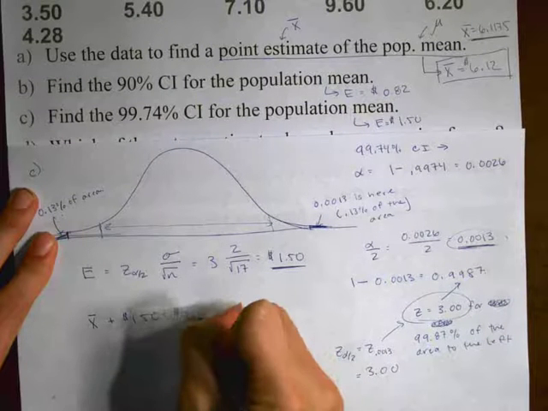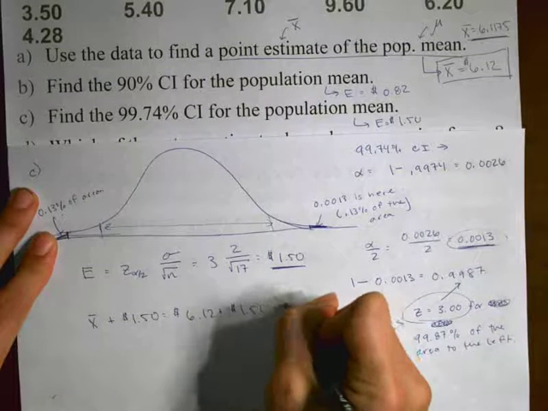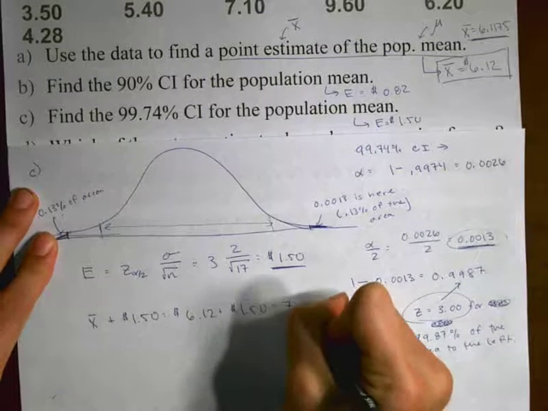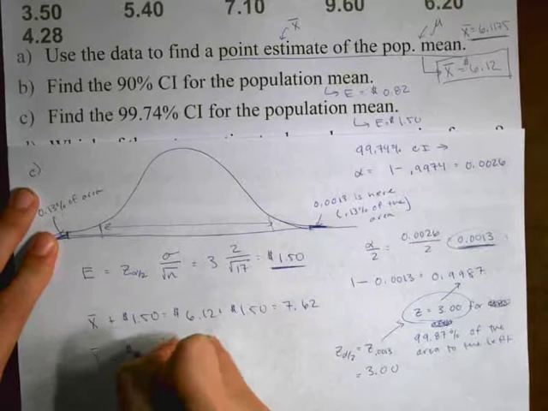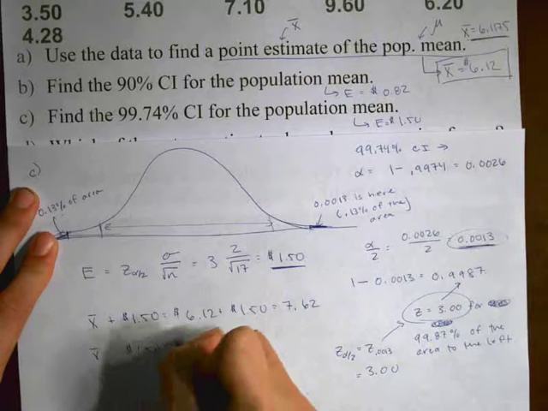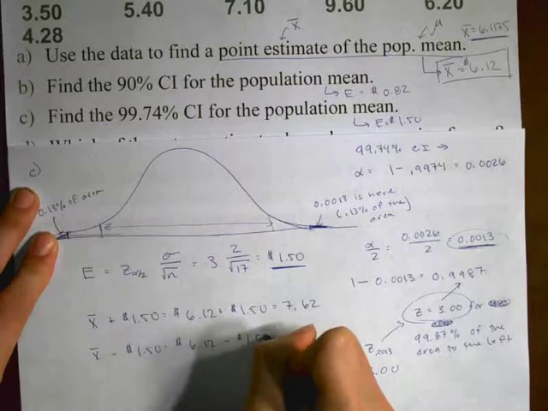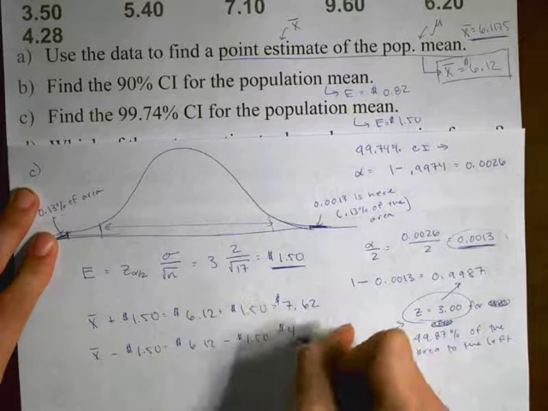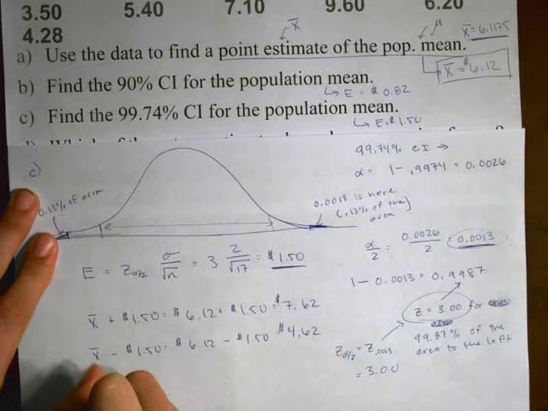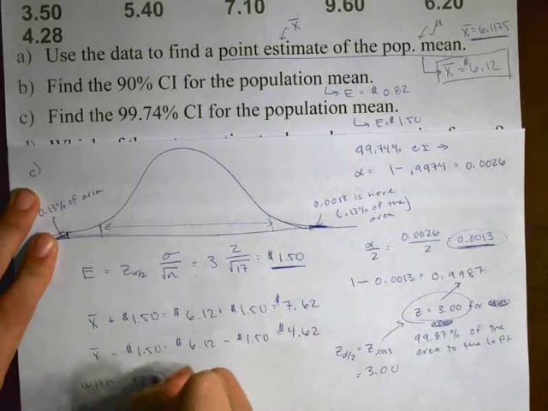So we said that the margin of error is $1.50, so our point estimate plus $1.50 is $6.12 plus $1.50. That is $7.62, and our point estimate minus $1.50 is $4.62.